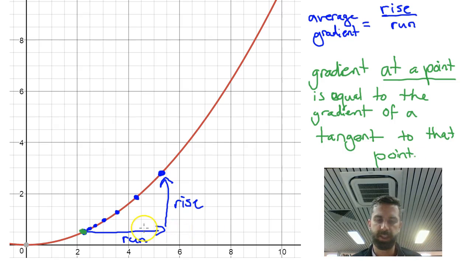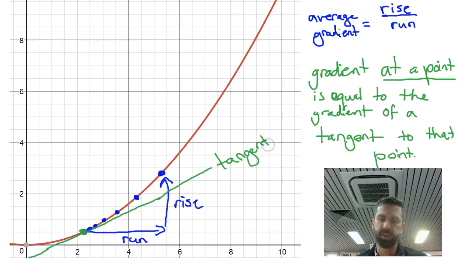We're not talking about tangent like in trig, although it's very much related. If we wanted to work out the gradient at this point here, if we drew a straight line that went through that point and just touched the curve, but didn't cross the curve, so that's this green line here, try to draw that as straight as possible, that is what we call a tangent.